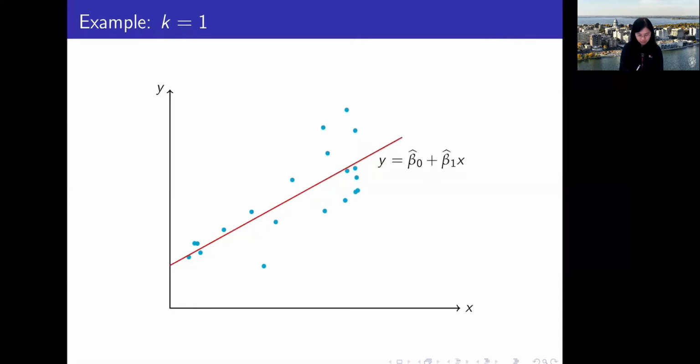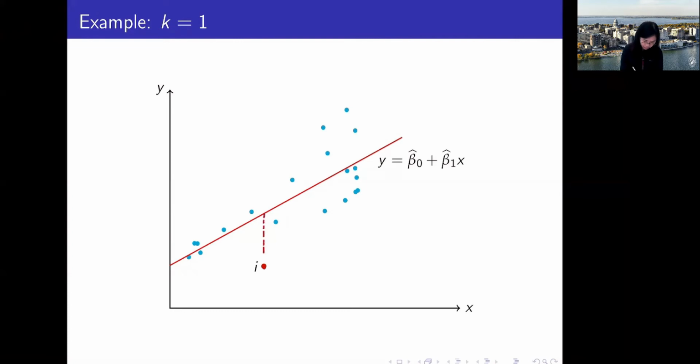Now on this graph, this optimal line can be denoted by the beta hats. So this optimal line is beta 0 hat plus beta 1 hat x. And on this graph, I also want to show you this approximation error. Let's say this is the ith point.